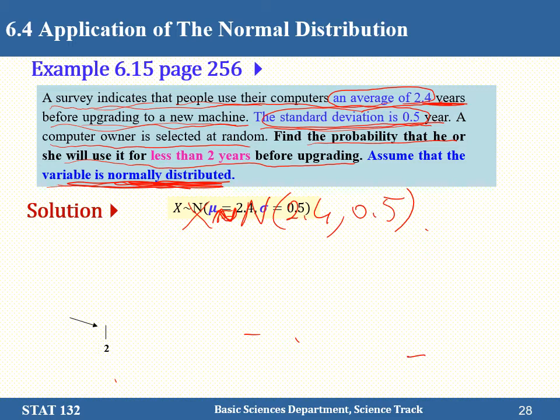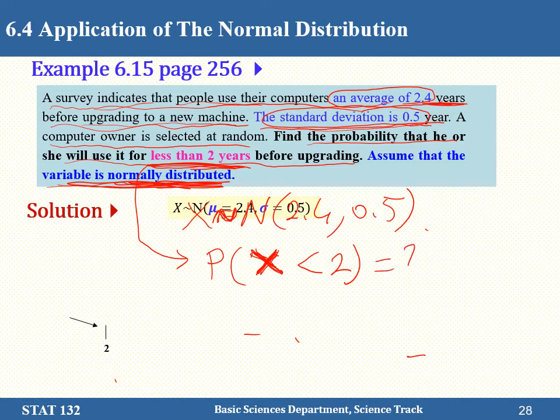So it's asking the probability that the number of years that the person will use their computer will be less than 2 years. So you have to be able to convert this question to a probability question. You should write it this way, X less than 2 years. So what's the probability that the usage time for a computer is less than 2? It's asking this one.